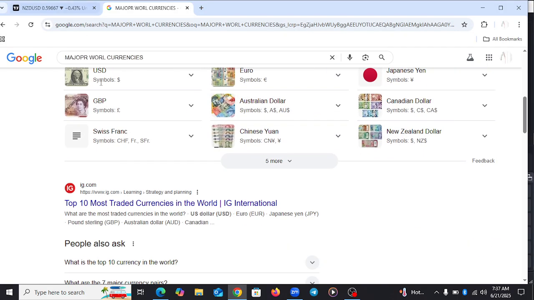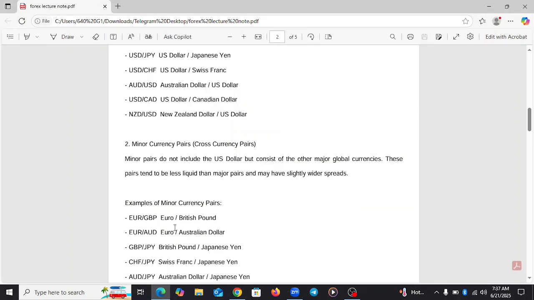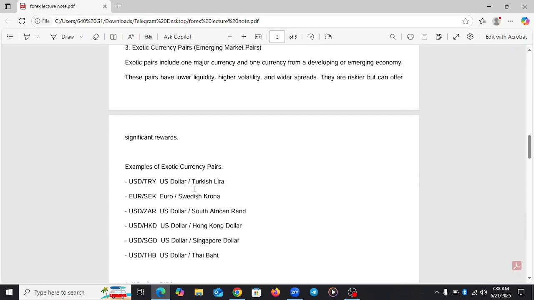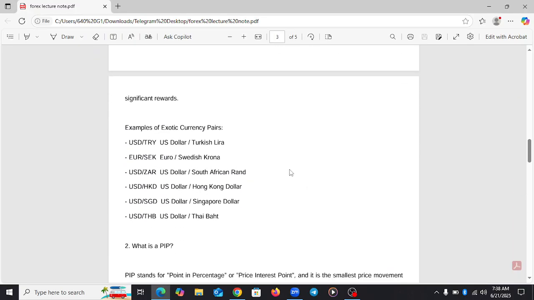So the next thing I would want us to treat before we go to the next topic would be exotic pairs. Exotic pairs are pairs that are not widely recognized. Like the Naira is not widely recognized, like the South African Rand, ZAR. I don't even know what TRY is. It's basically a Turkish lira.